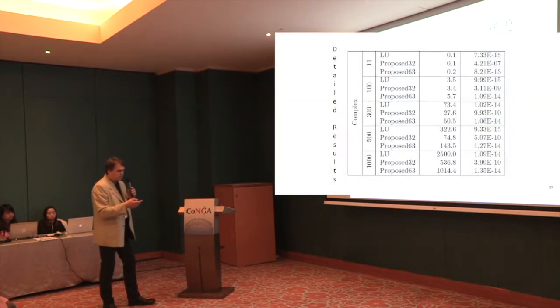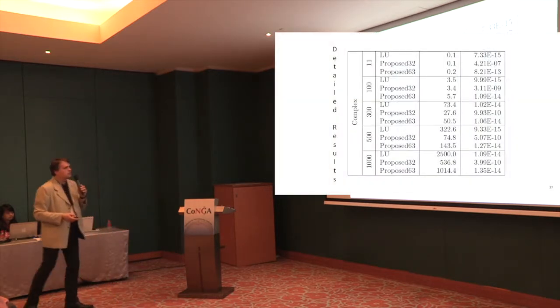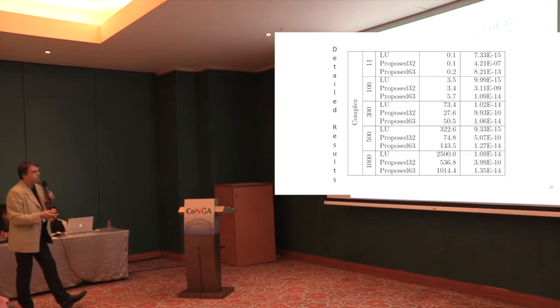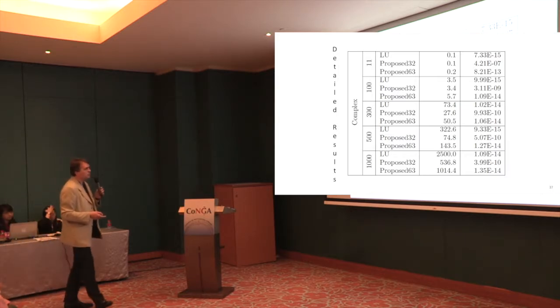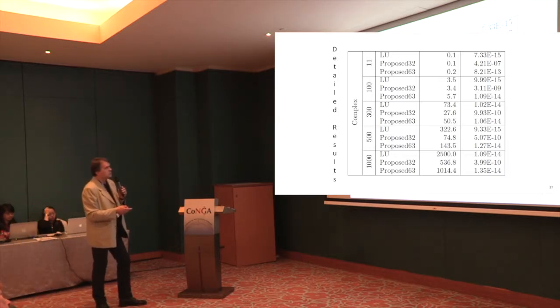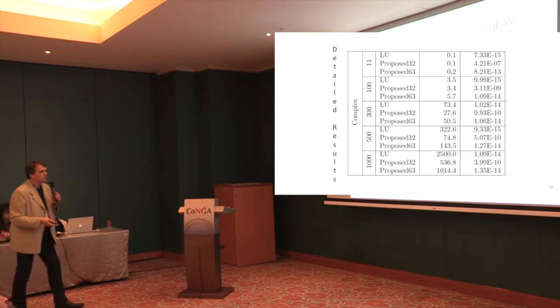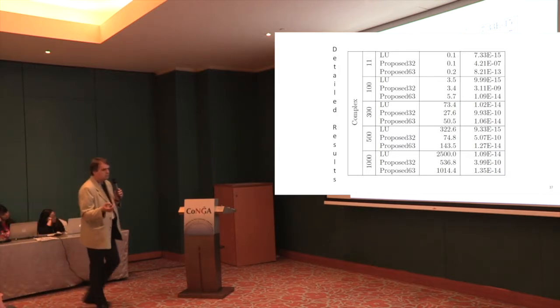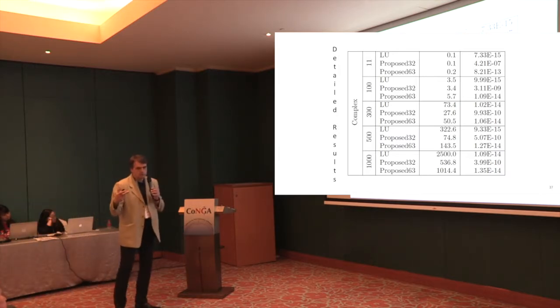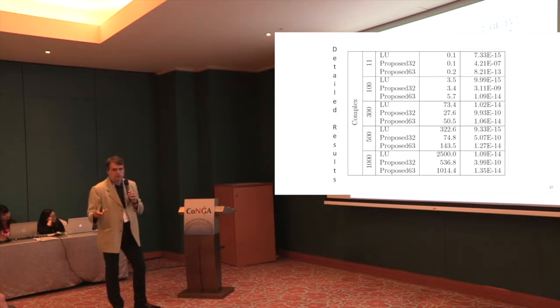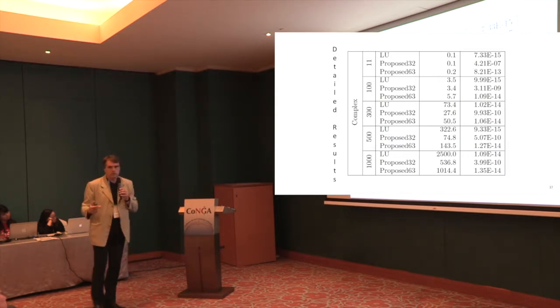In the case of complex computation, we win even more. Why? Because LU decomposition uses divisions of floating point numbers, and division is a very slow operation. Some of you may know that complex division requires 6 elementary operations, and there is no way to get it with 5.